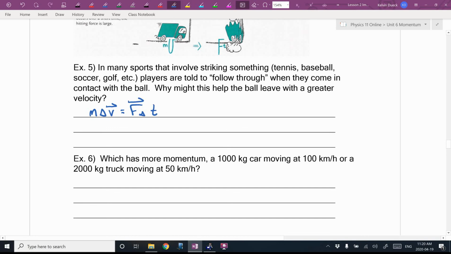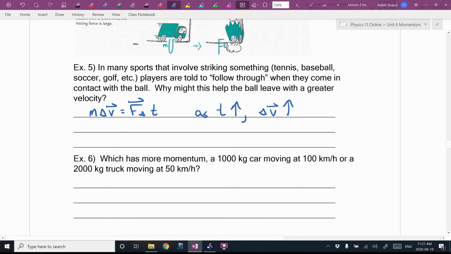Here's another way to write that 3-in-1 impulse equation. And if I want to get a bigger change in velocity, one of the things that I can do is I can increase the time that I'm applying the force. So as time increases, the change in velocity increases.